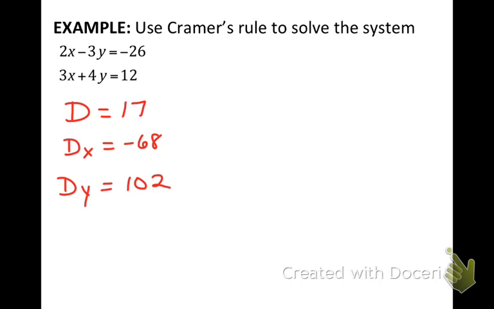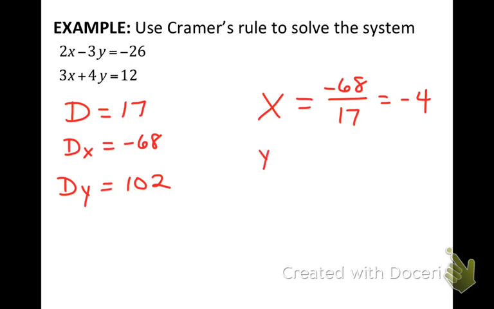So now let's solve for x and solve for y. So x would be equal to what over what? Negative 68 divided by 17. Which, what is negative 68 divided by 17? Anything nice? Well, look at that. Negative 4. Lovely.